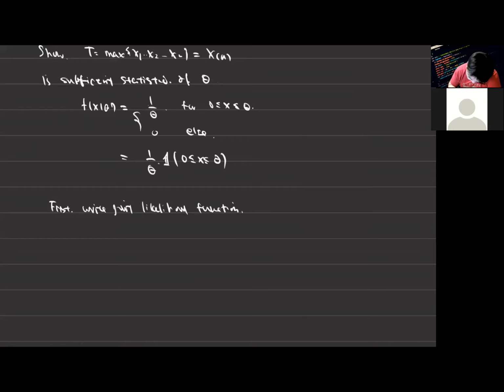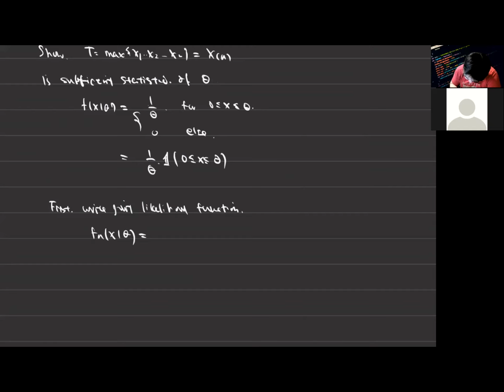So f_n(x; theta) is like 1 over theta to the power of n, right? But notice that you have an indicator function, so you shouldn't miss that. Let's stick with the definition.